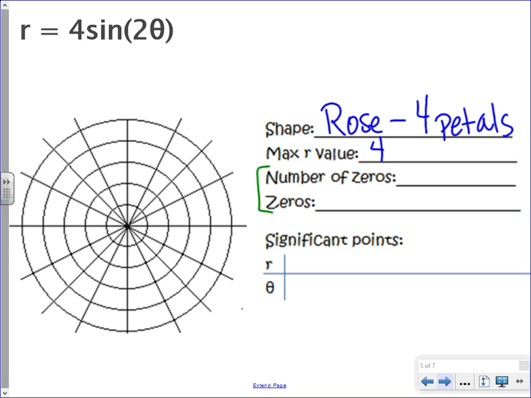And then from there, I don't really want you to write them down. I just want you to graph. Okay? So we are always, always, always going to start by plugging in 0 for theta. That will always be your first significant point, no matter what graph we are talking about. Okay? If we plug in 0, what do we get for R? 0.